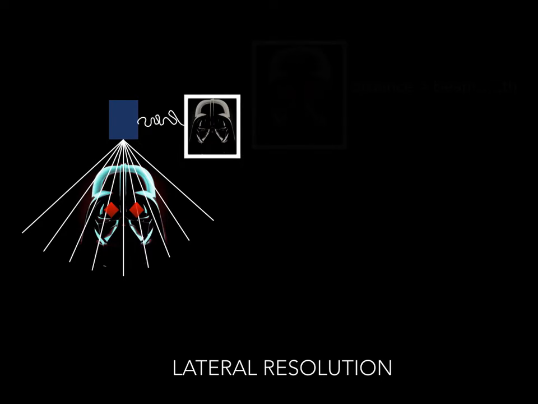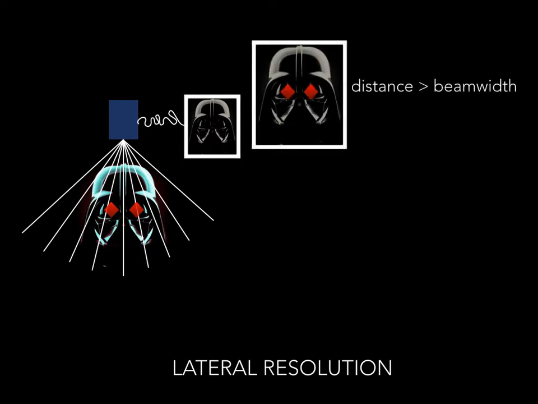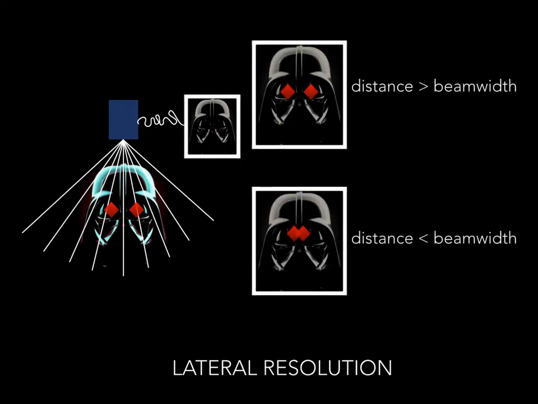To be displayed as separate, they must be separated by a distance that is greater than the beam width. High transducer frequencies come with lower beam width and better lateral resolution. Also, focusing the ultrasound beam will help with lateral resolution.